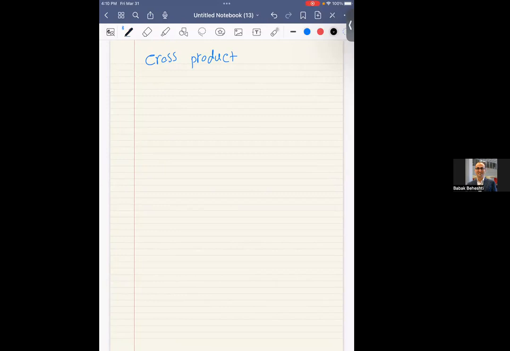If you have two vectors like u equal to u1, u2, u3, and v equal to v1, v2, v3, the cross product u cross v is given by this formula.